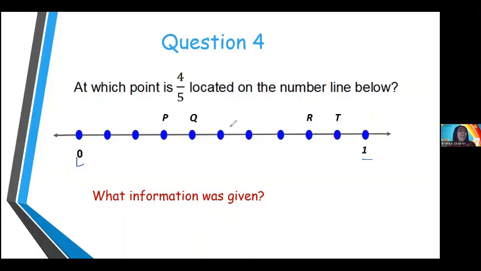So how is that going to help us to find 4/5 on the number line? Since we're here helping you with quantitative reasoning and going through the process of working out a problem, I want to help you know some questions that you can ask yourself whenever you are working with fractions.